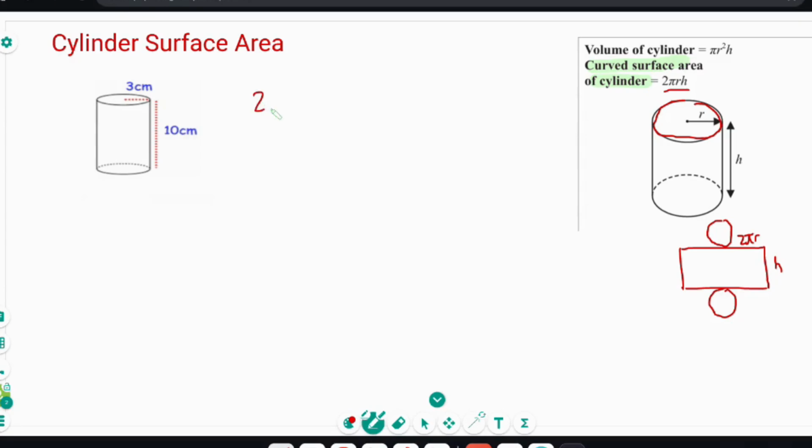But the total surface area is the curved surface area plus the circle at the top and the circle at the bottom. Circles are pi r squared, but there's 2 of them, so 2 pi r squared. So 2 times pi times r times h.